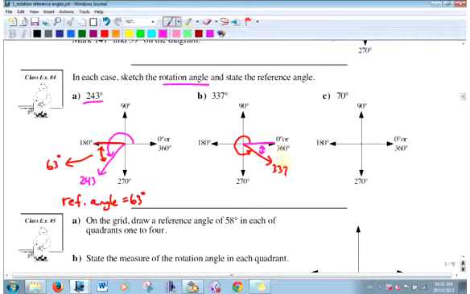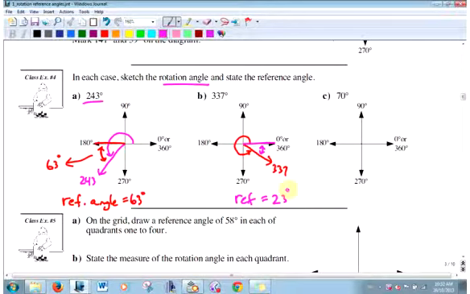I'm not subtracting. What is this? Well, that's 360. That's 337. How many degrees is this? What's 360 minus 337? 23 degrees.